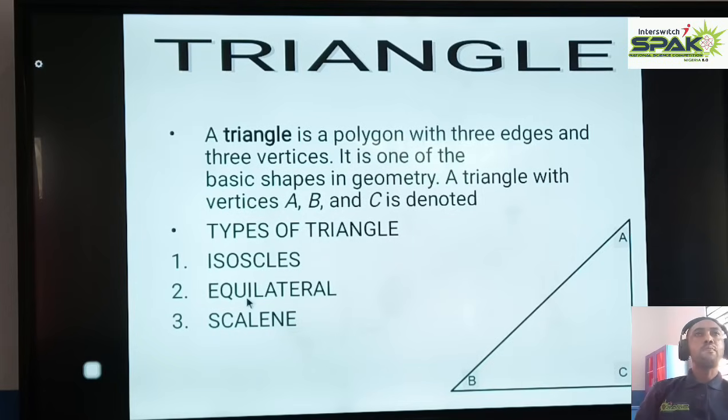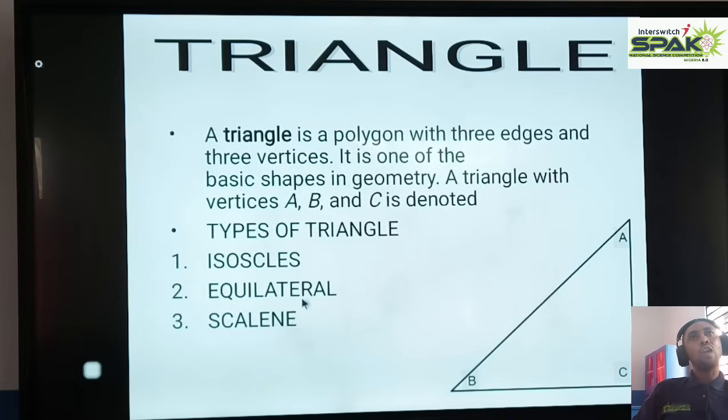The second type is equilateral. Equilateral triangle is a triangle where all the 3 sides are equal. And an equilateral triangle is also an equiangular triangle. So the sides are equal, the angles are also equal. So equilateral triangle is a triangle with angle 60 degrees each.